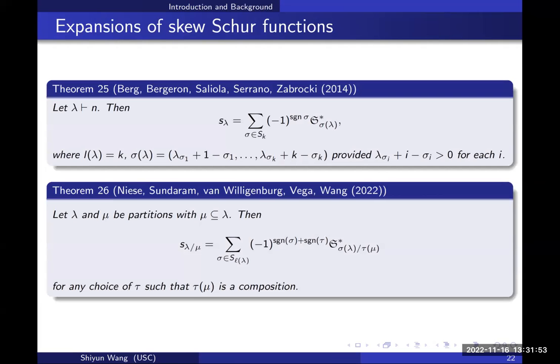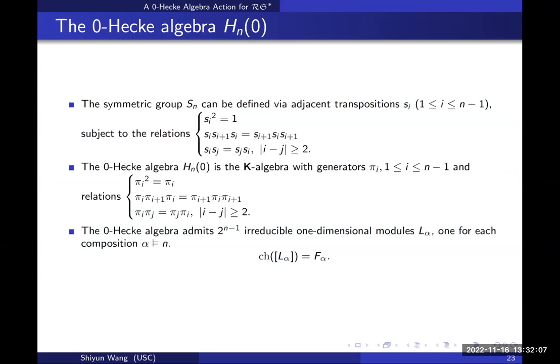And all of those results, similarly, you can just apply the sign to get the version for the skew restricted immaculate function.